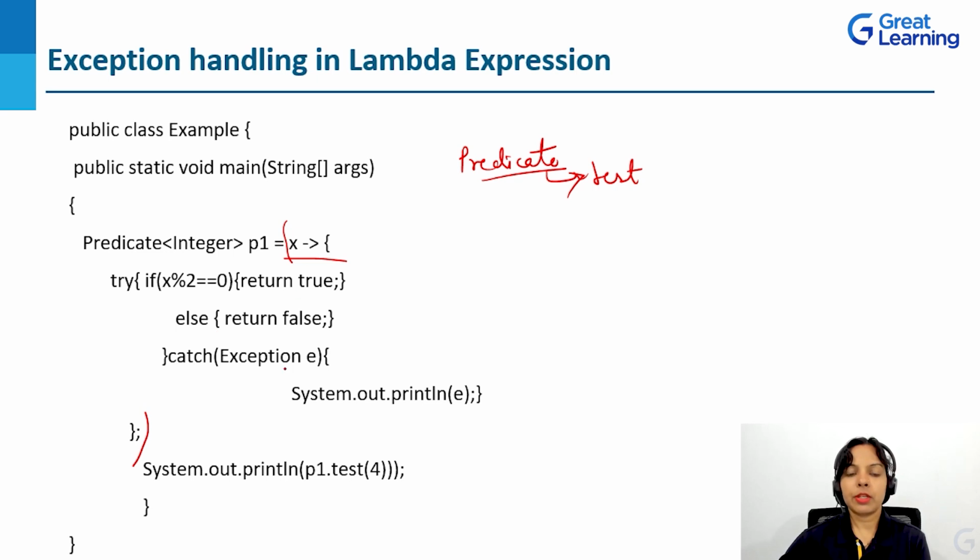If I want to do exception handling for this Lambda expression, then I have to include this code inside a try and catch block, right? You can see here, this is the code for the Lambda expression, which has been included inside the try block, followed by a catch block, which will print the information or handle the exception. Then outside this try and catch block and outside the Lambda expression, the test method, which is declared inside the Predicate interface, has been called.